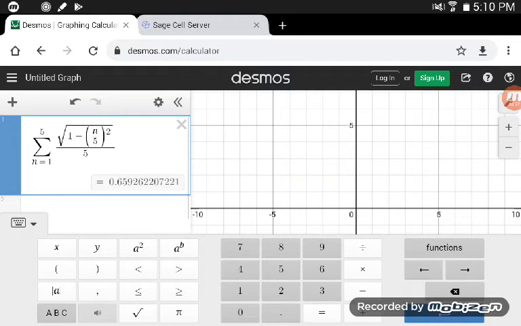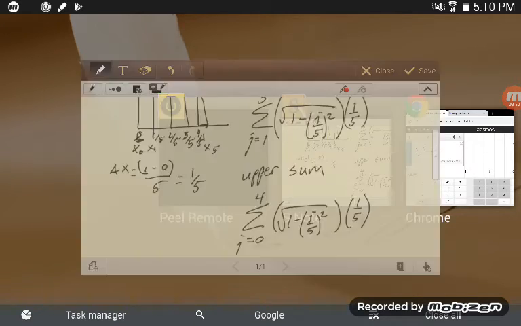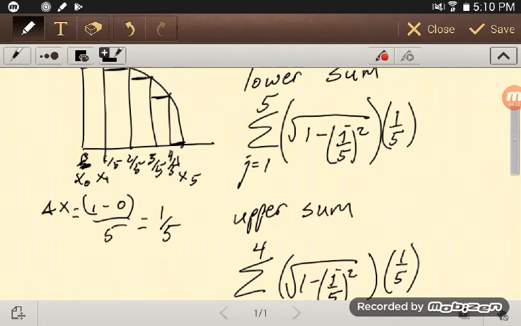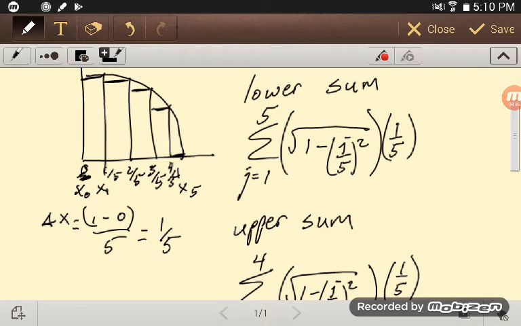So I'll write that down for my lower sum. And what I did last time when I messed this up was I accidentally wrote it with the upper sum, 0.629, or wait, 659, I think it was. 659, we'll see in a minute here, but yes.